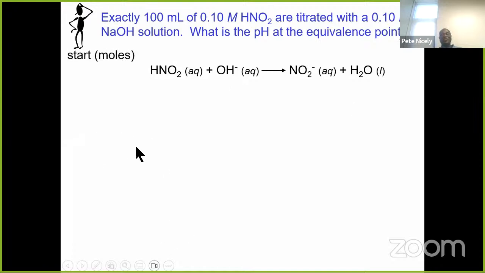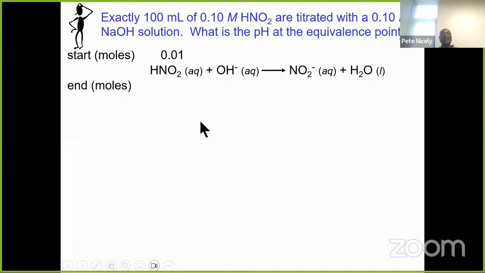So the initial number of moles that we're going to have here for the nitrous acid would be 0.01. Now, the reason why is because the volume of nitrous acid is 100 mL, and you are basically determining the number of moles by multiplying this volume in liters by 0.10, and that's how you get this, right?